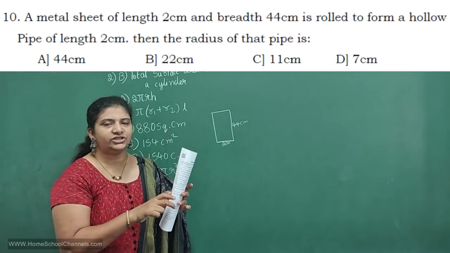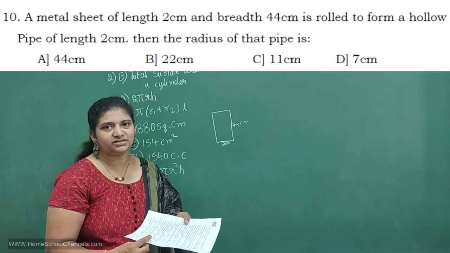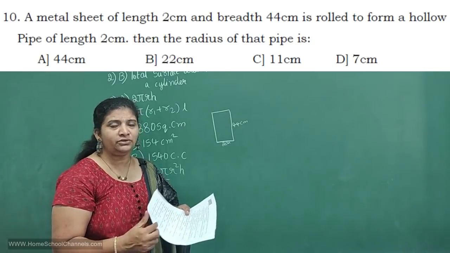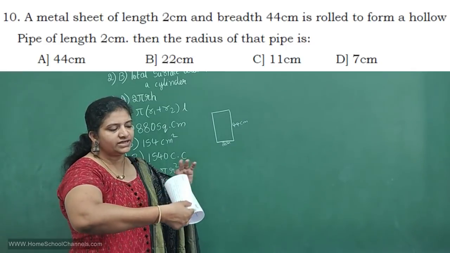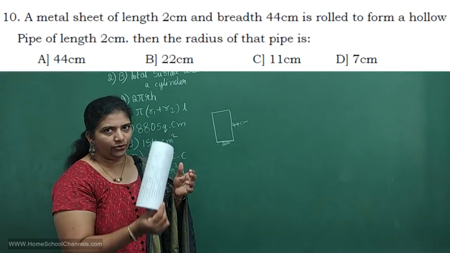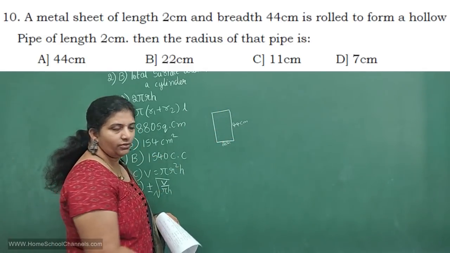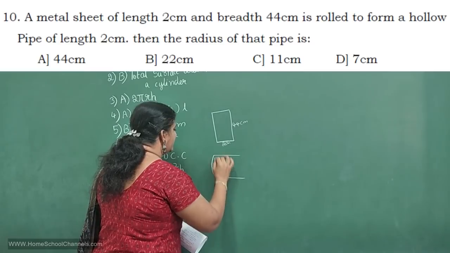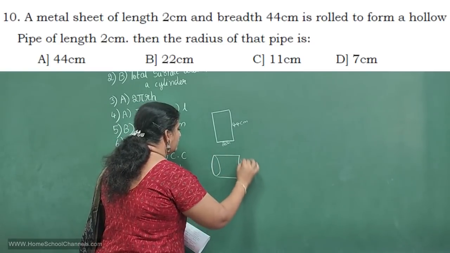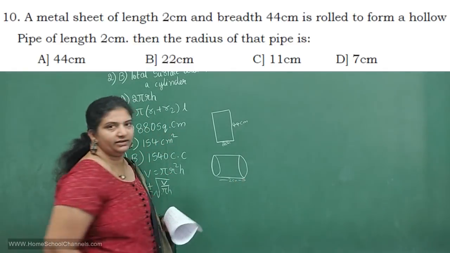But in your question, the pipe length is only 2 centimeters. So you need to roll the 2 centimeter side. Like this you need to roll. You can see the length of the pipe is 2 centimeters.